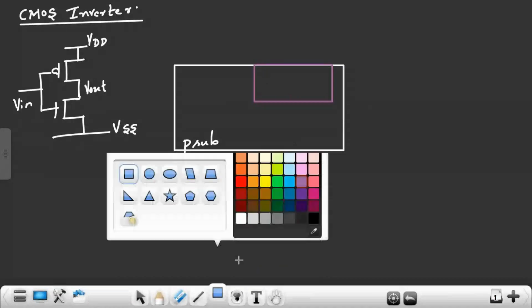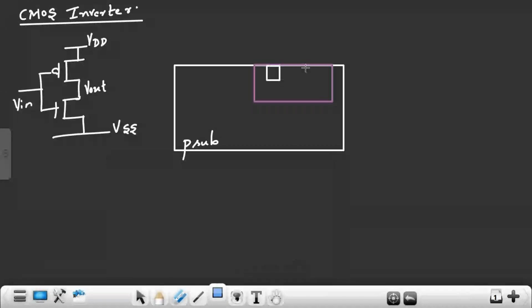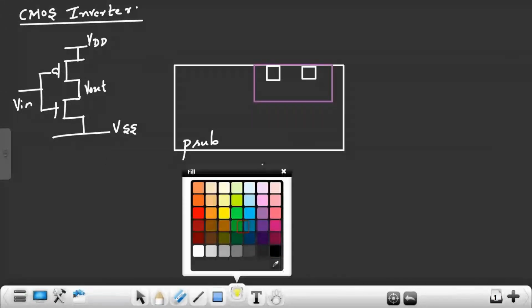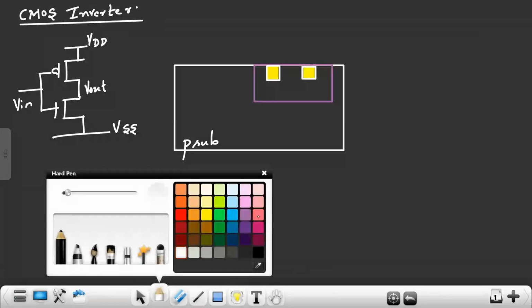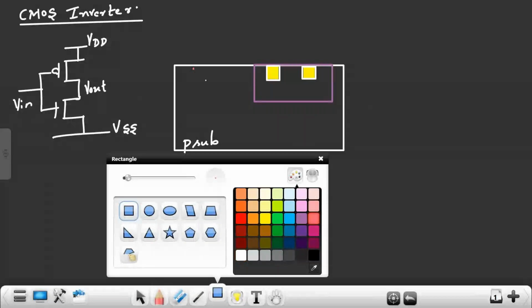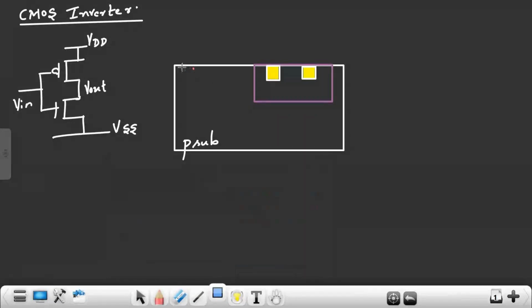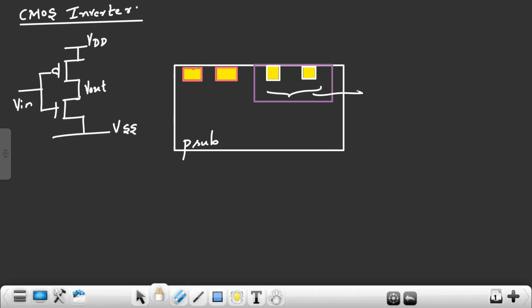Inside the N well we are going to form the PMOS source and PMOS drain.